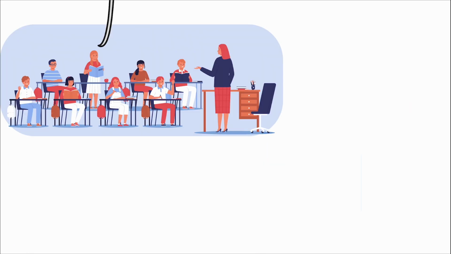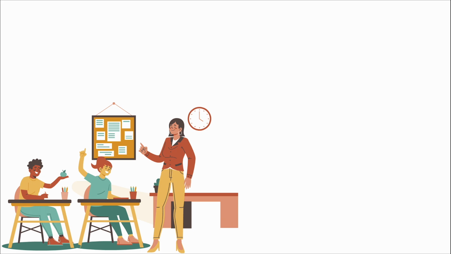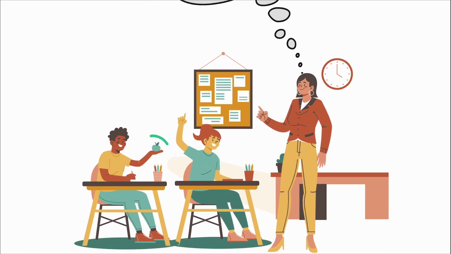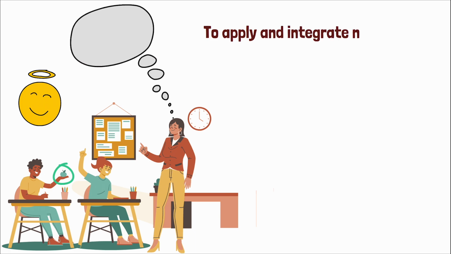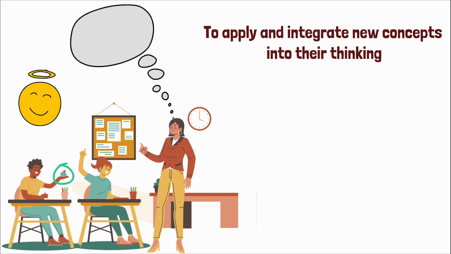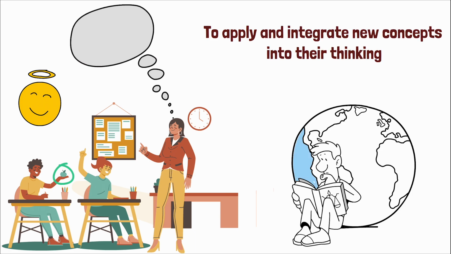For conceptual change to occur, teachers must present scientific conceptions, recognize students' misconceptions, and help students become dissatisfied with these misconceptions. This involves enabling students to apply and integrate new concepts into their thinking, moving beyond simple memorization to a deeper understanding of scientific principles.